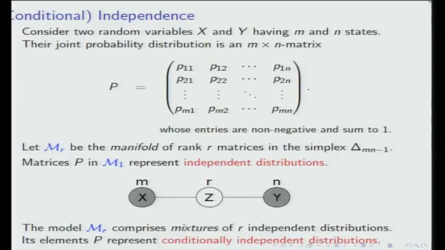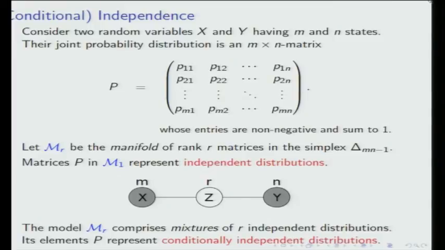P_ij represents the probability that the first variable is in state i and the second variable is in state j. For example, X might be the soccer random variable with 3 states, so m is 3, and Y might be the hair, little, medium, high, and n is also 3.